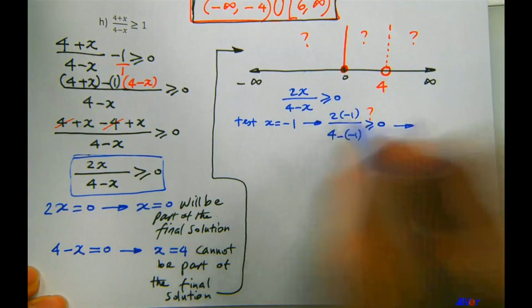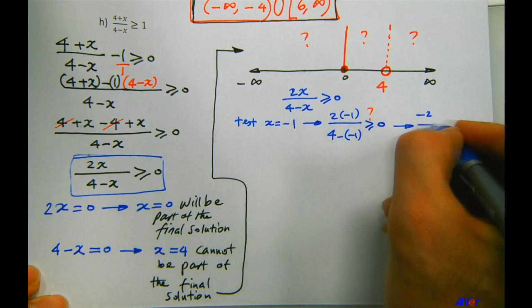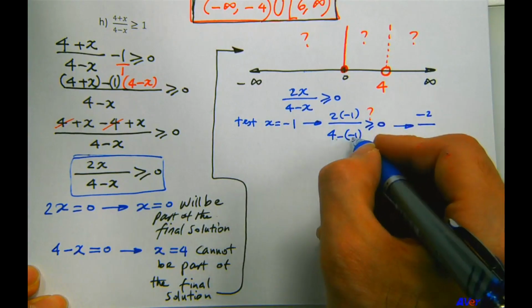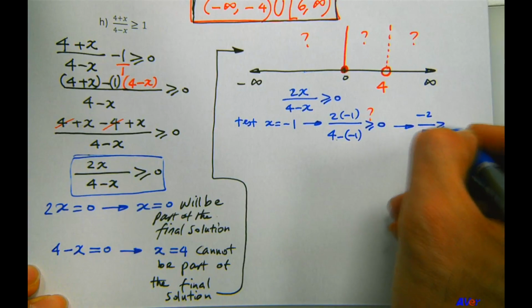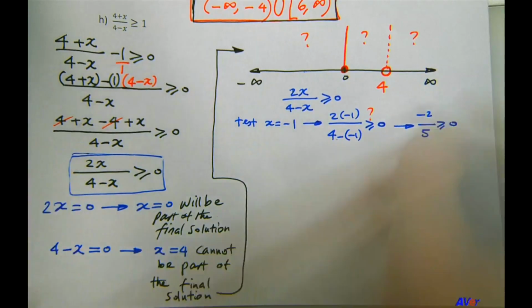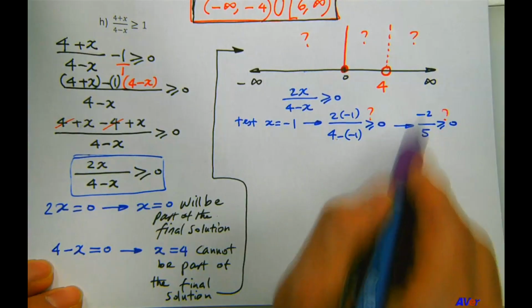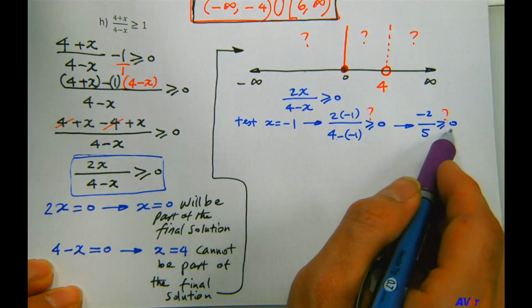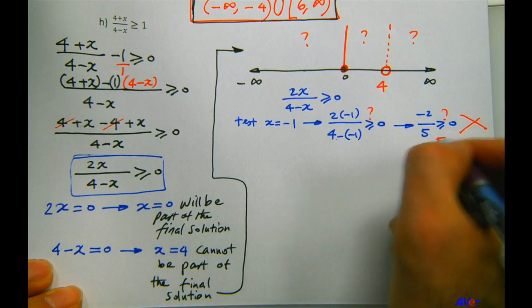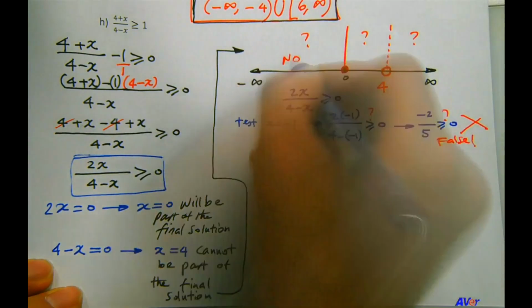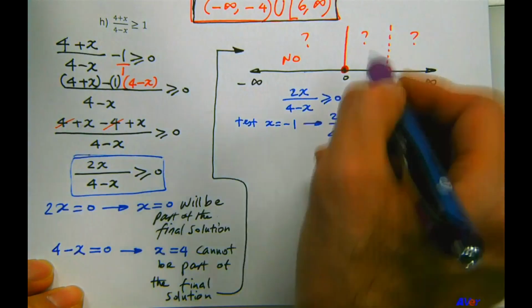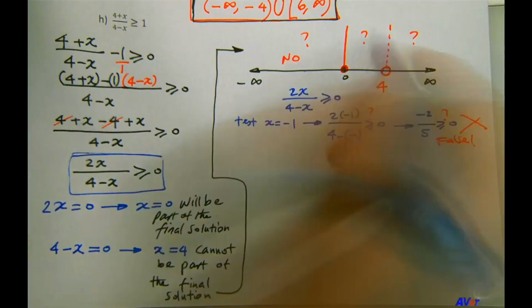So we have -2 divided by 4 minus -1 is 4 plus 1, 5, greater than or equal to 0. Is that true? Is this -2 over 5 greater than or equal to 0? No. False. So no, that is not a solution region.